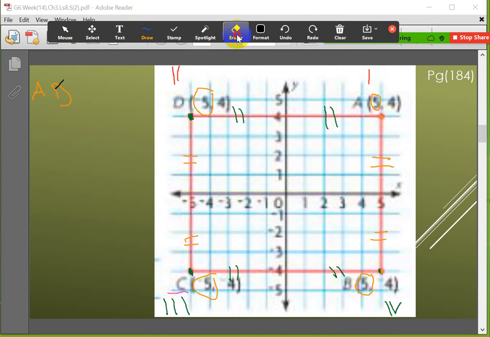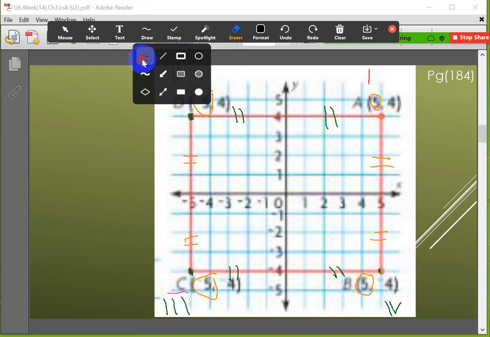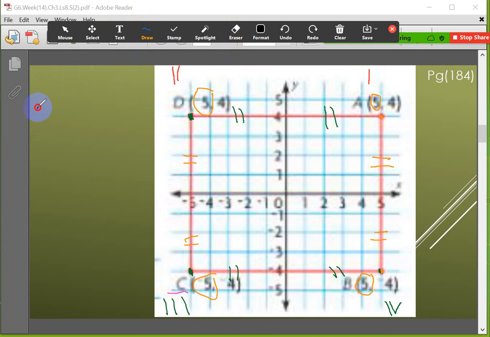As an example, A and D. Look at those 2 points, A and D. Those 2 points have the same y, 4 and 4.